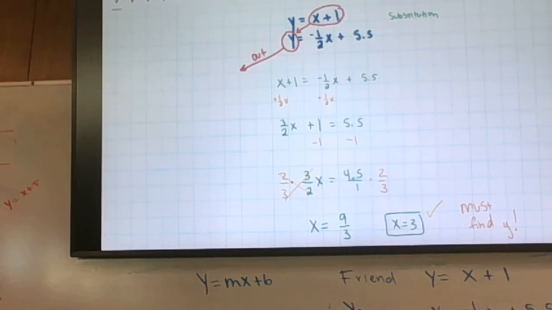All right, to find y, I'll plug my answer into the best place, which here is the top. And now we have verified that our solution 3, 4, the fountain, works for both our equations. So you and your friend were able to meet up at the water fountain.